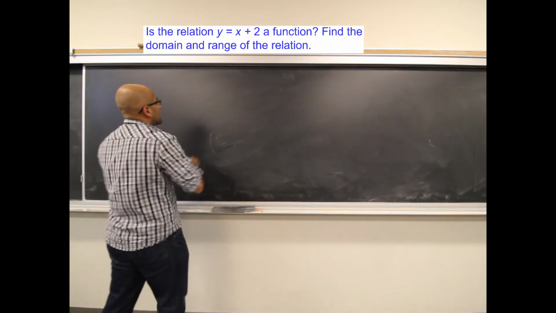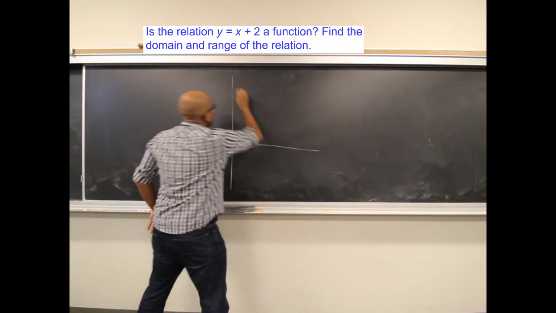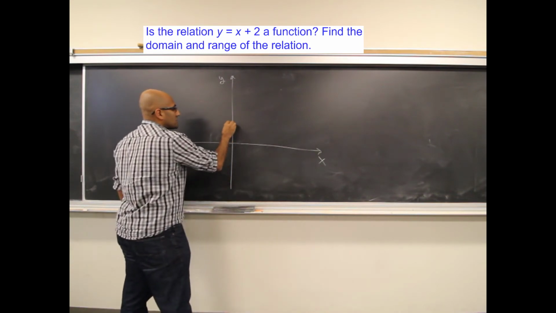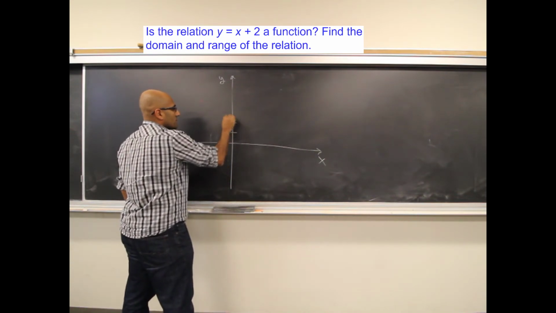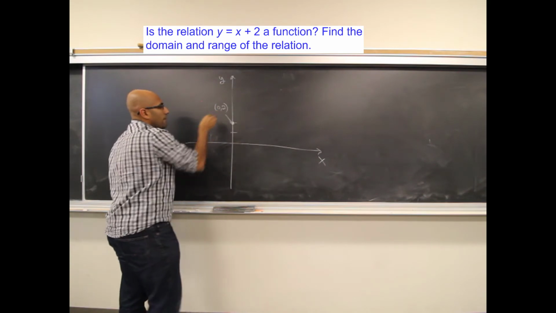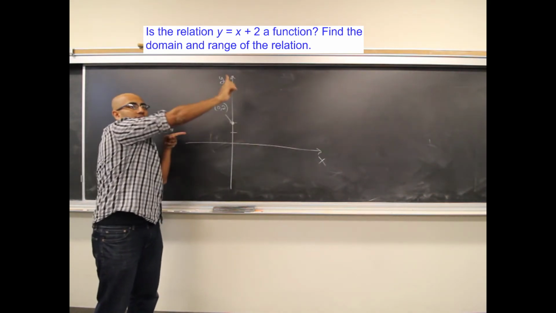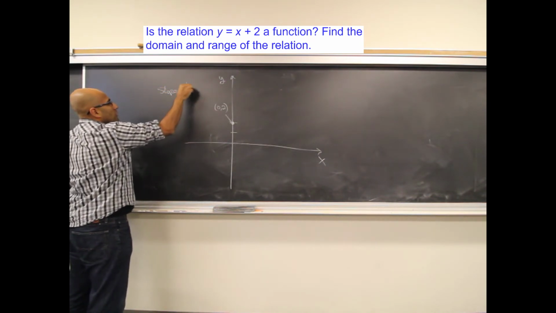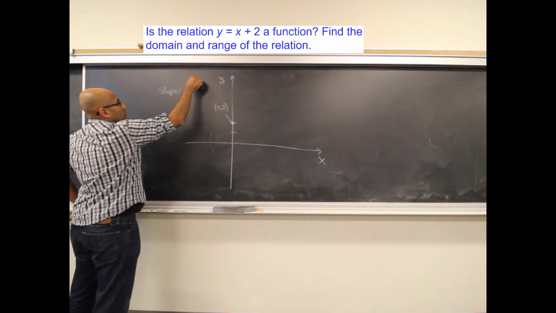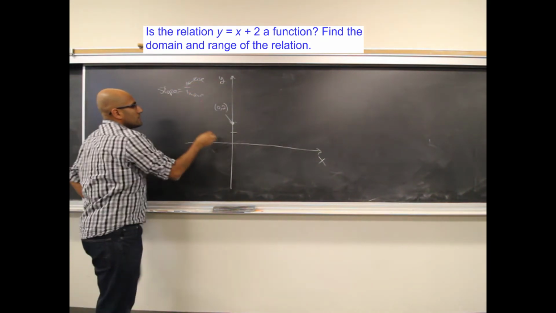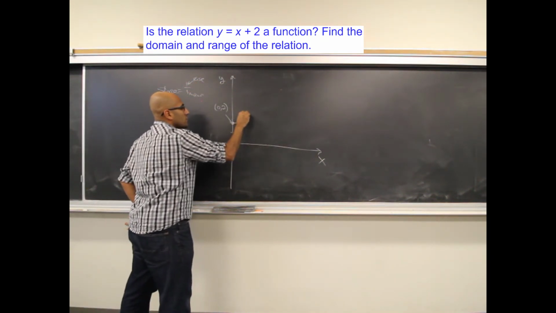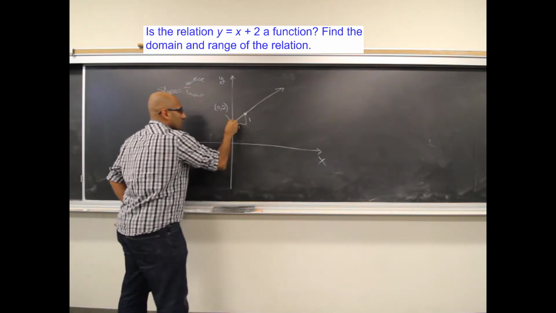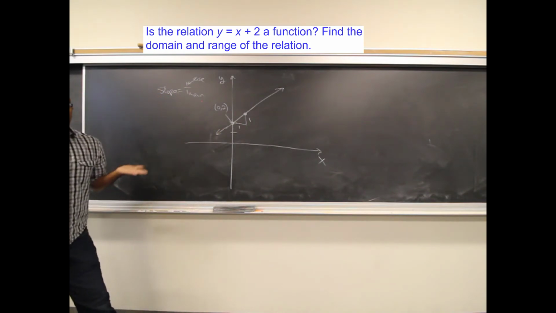Okay, so if I wanted to do a quick little sketch of that, here is y, here is x, it's (0, 2), right? Then it goes out 1 and up 1, since the slope is 1. Slope is 1 over 1, which is rise over run. So 1 unit that way, 1 unit up. We get to another point, we draw the line that connects them, and we get that line right there.